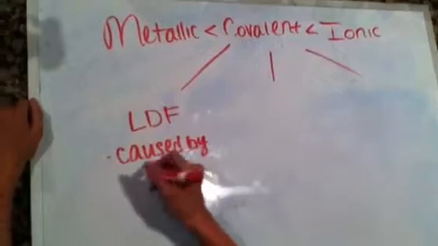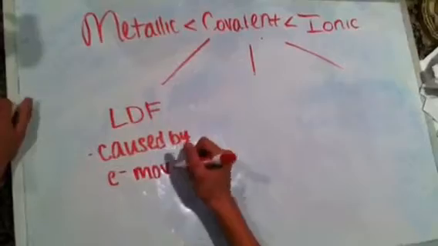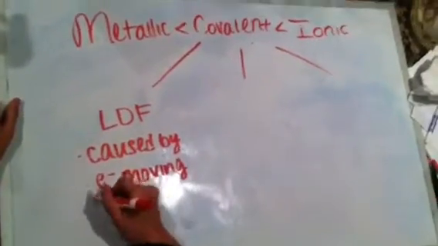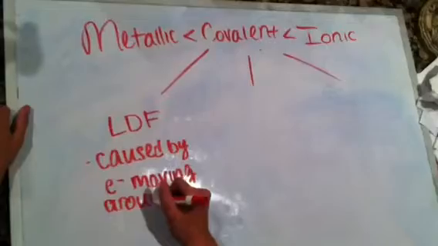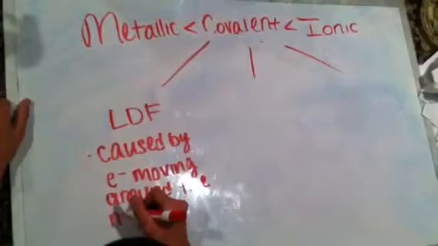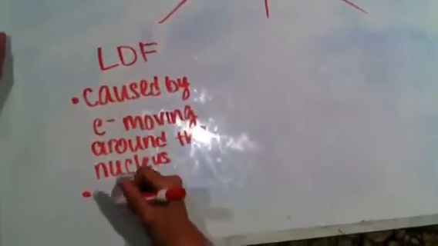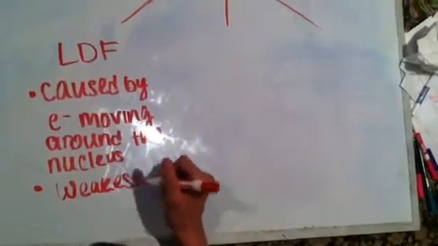Now, London dispersion force is caused by the electrons moving around the nucleus. And it is the weakest of the covalent type bonds.